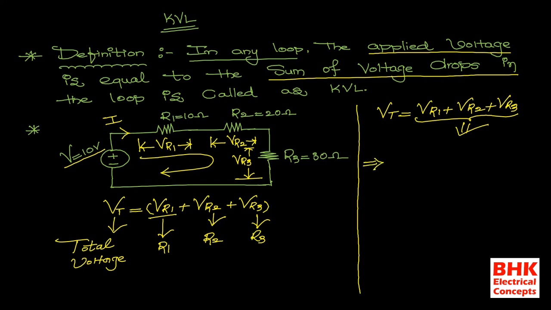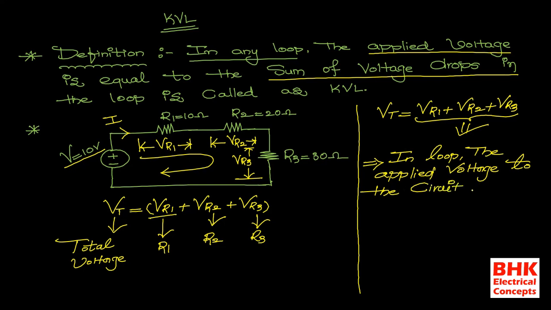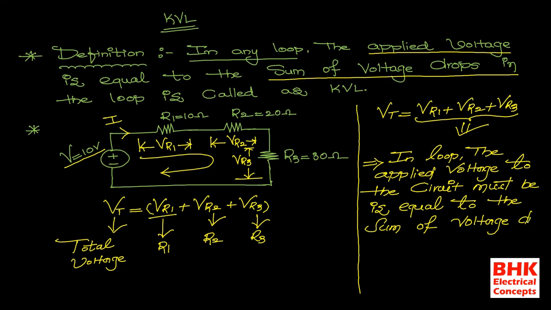In any loop, the applied voltage to the circuit must be equal to the sum of voltage drops across individual elements in the loop.